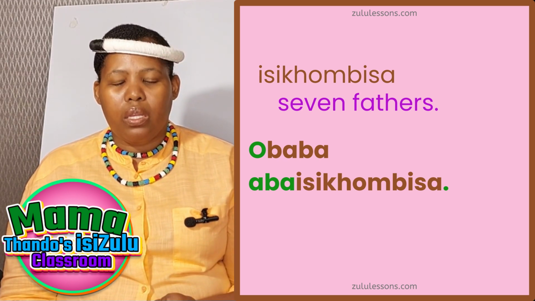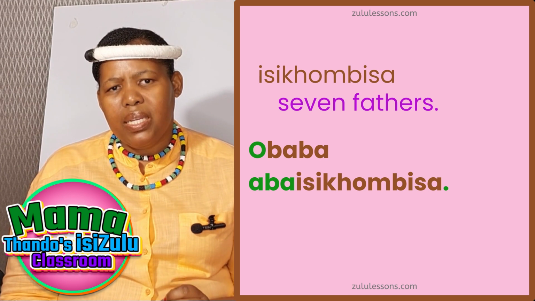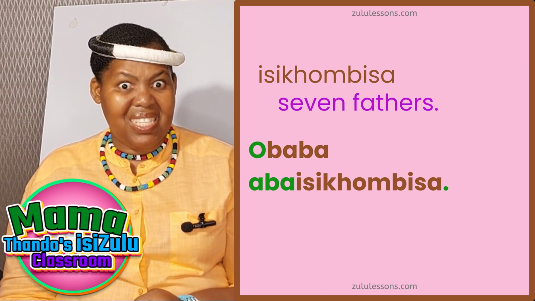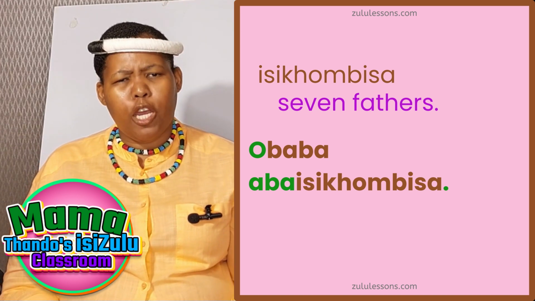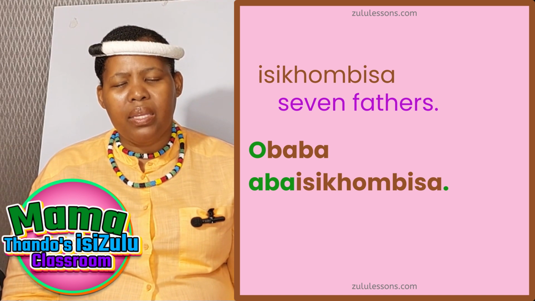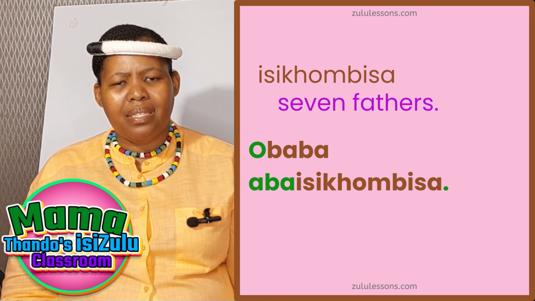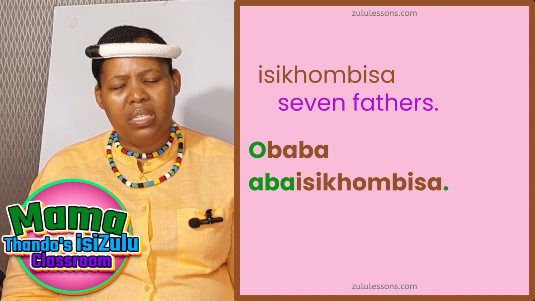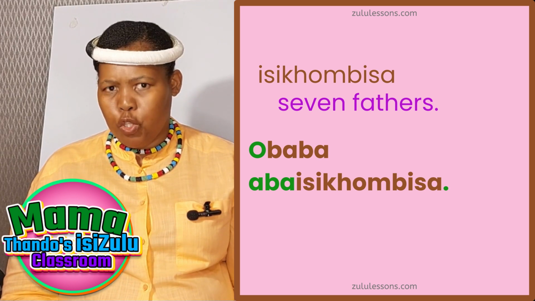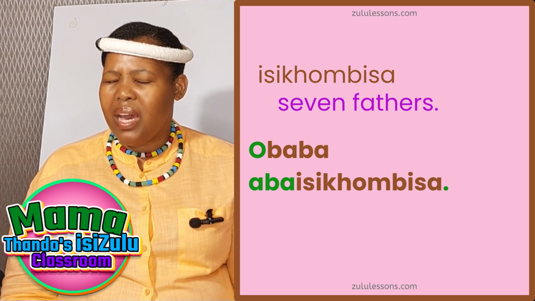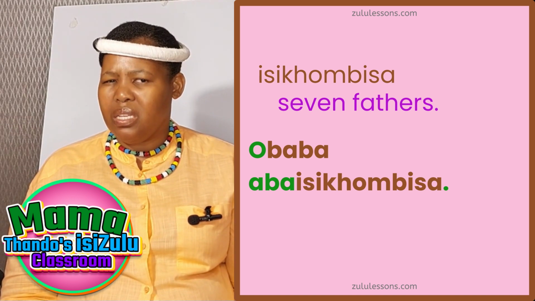Then read it a couple of times in that wrong state that it is in. Read it a couple of times to yourself right now. Abayisikhombisa. Did you hear that? It kind of sounded like a y sound.